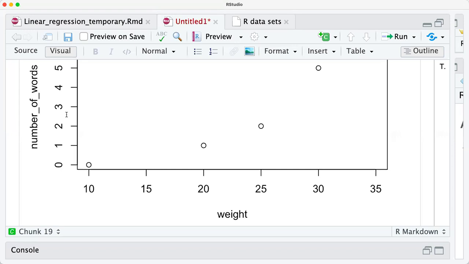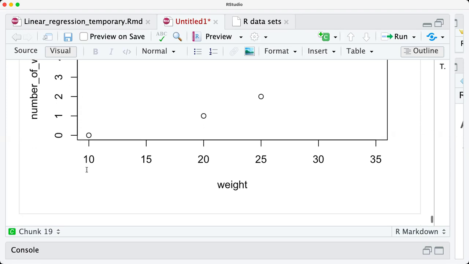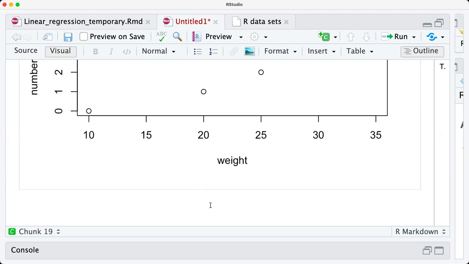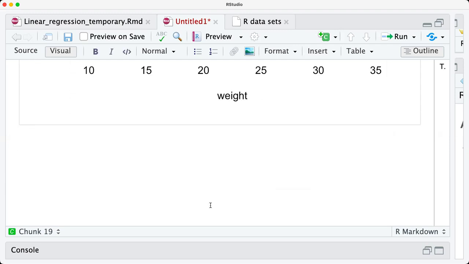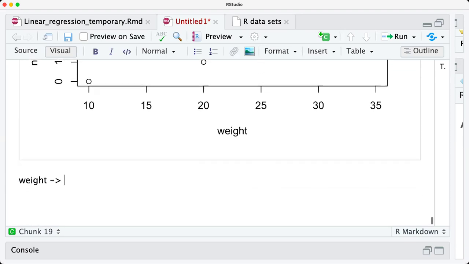The older the person, adults weigh more and they know more words. So, well, this is a correlation. Exactly, it's precisely that. But there is not a causal relationship in this sense. It is not that weight influences the number of words.